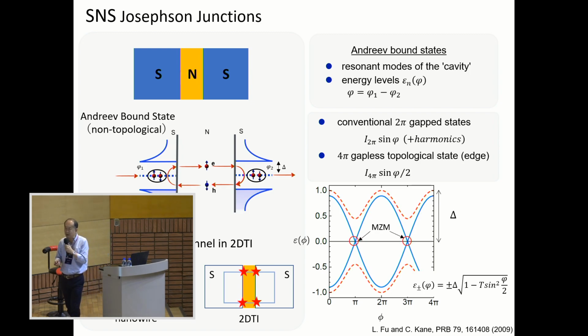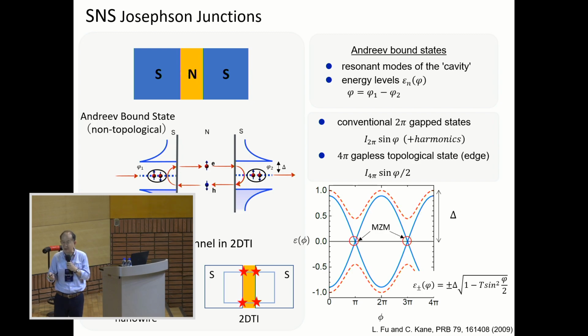So now it crosses zero energy, then Majorana may appear at this position at zero energy. So this is my simple image of how the Majorana zero mode appears in the device.